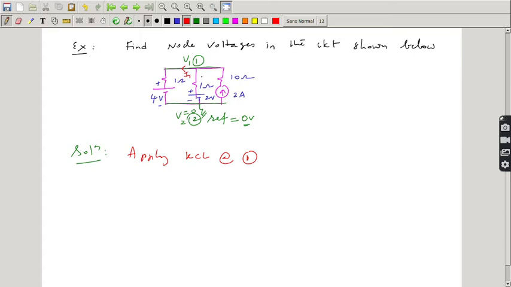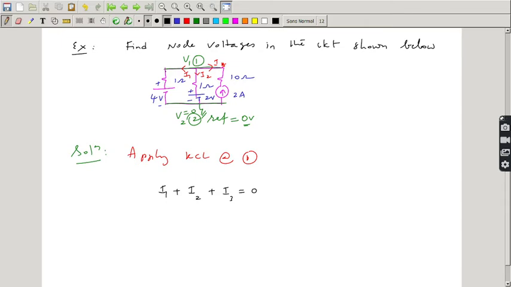Take this as I1, this as I2, this as I3. The currents I1, I2, I3 are moving away from node 1. Why? Because I am taking V1 as the node voltage and considering it the highest potential point, so the currents are always moving away from that node. As per the KCL statement, the sum of the currents at that node is equal to 0: I1 plus I2 plus I3 equals 0.